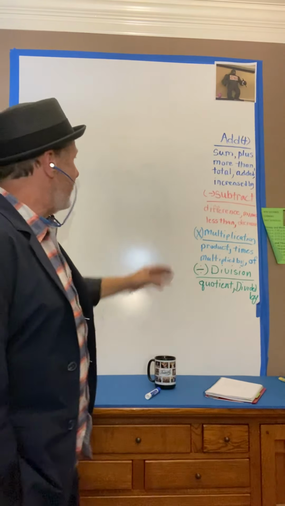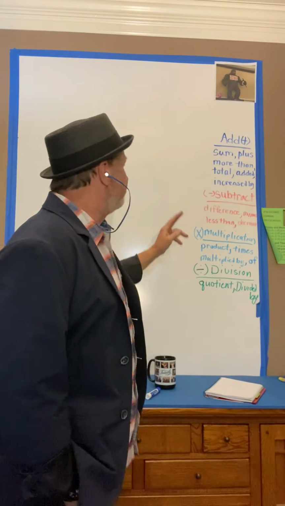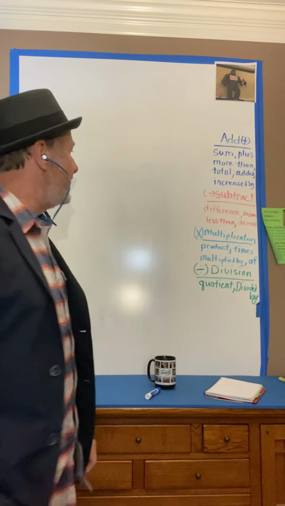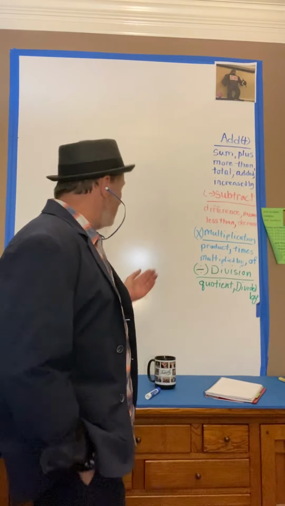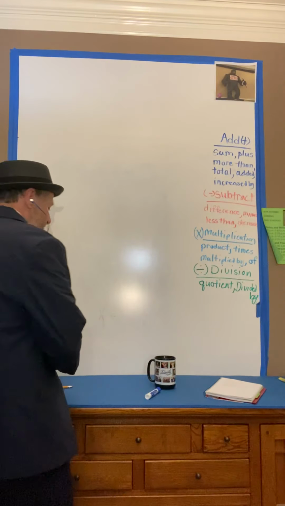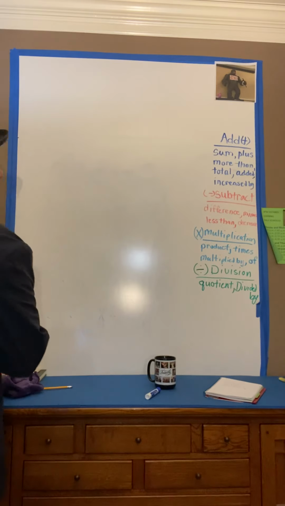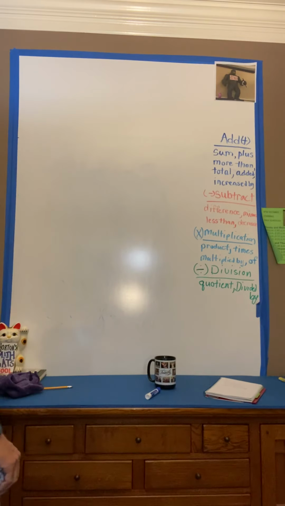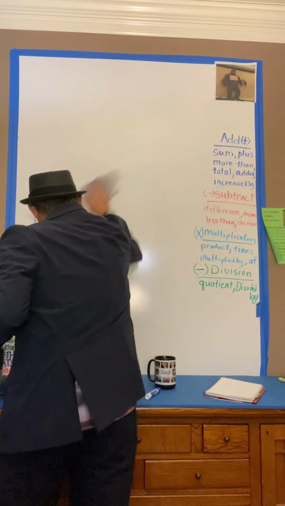I have subtract. What are the words that mean subtract? Difference, minus, less than, decrease. Those all mean subtract. For multiplication, those words would be product, times, multiply. 5 multiplied by a number x is 5x. So that is how that works.